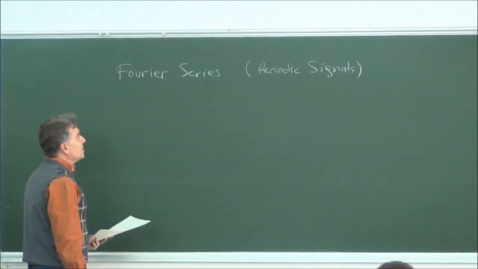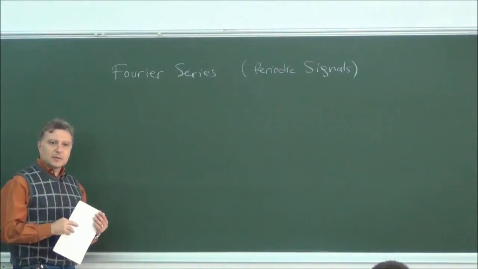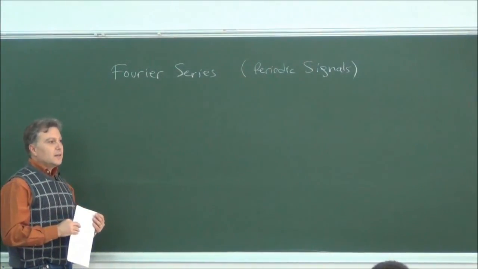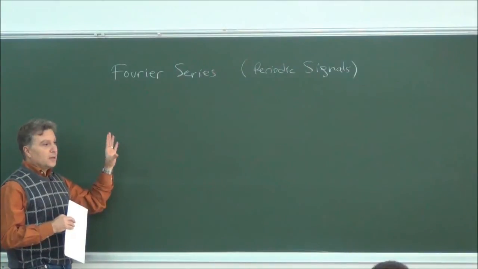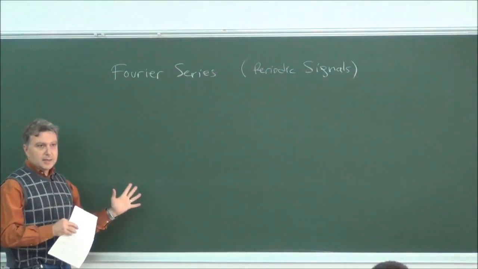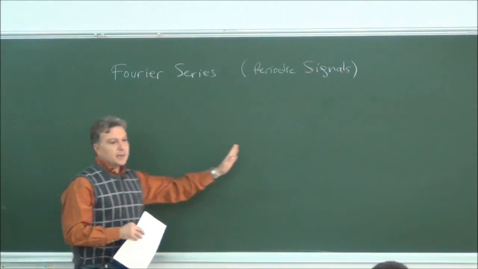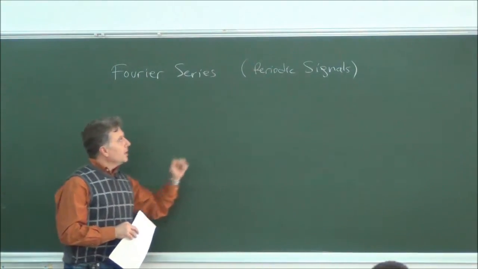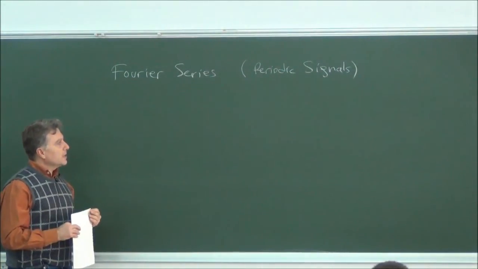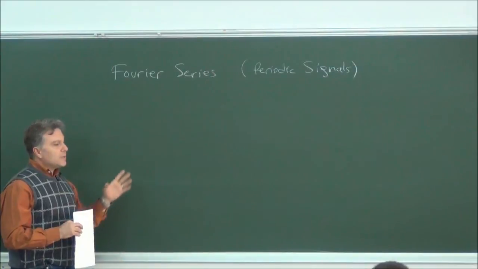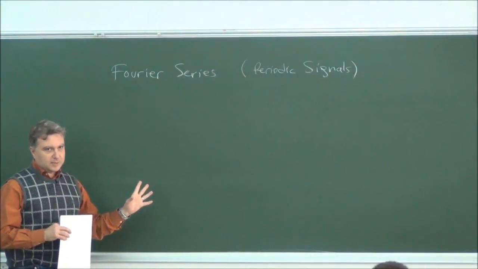So the Fourier series representation will not be available for non-periodic or normal signals, like starting at some point and ending at some other point. These will be only for periodic signals. And we will start with the continuous time representation.